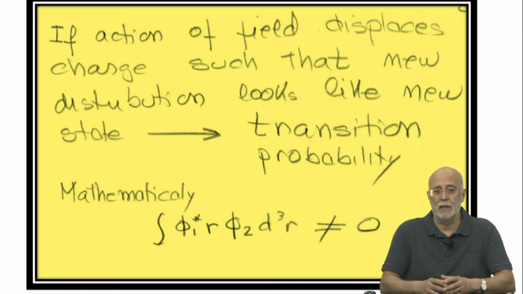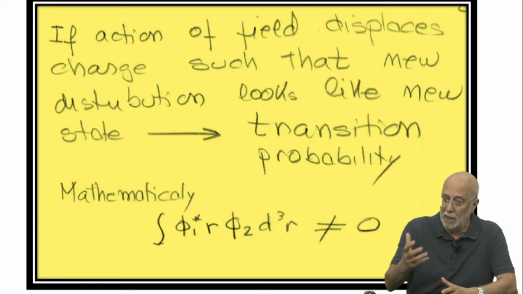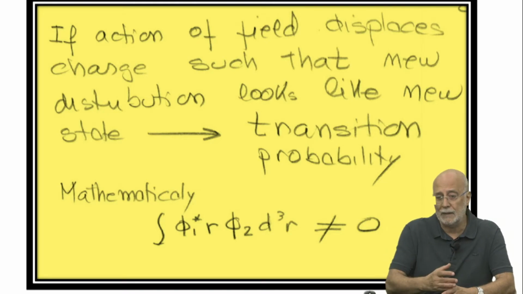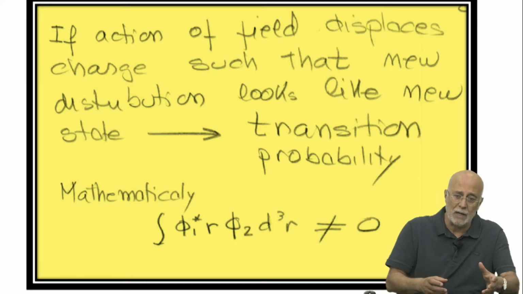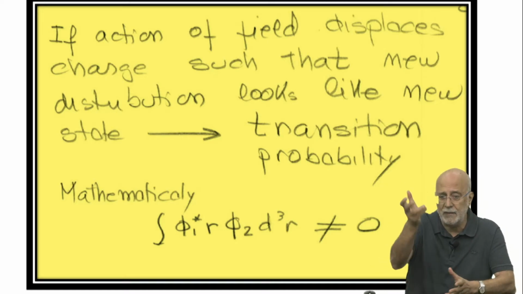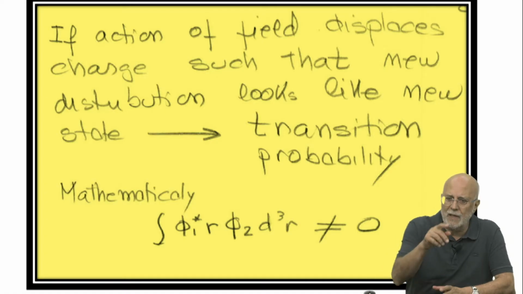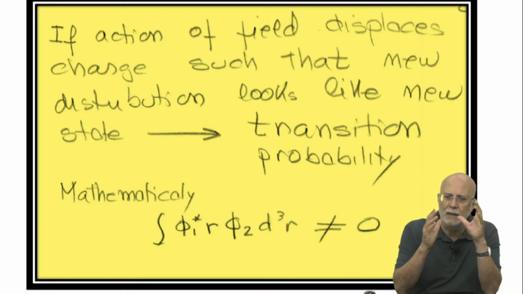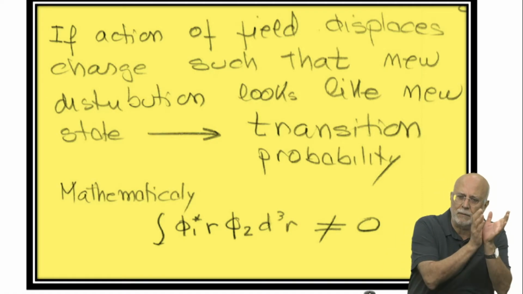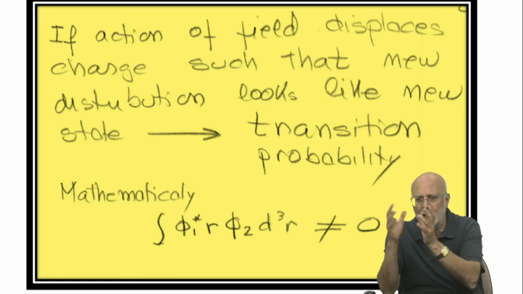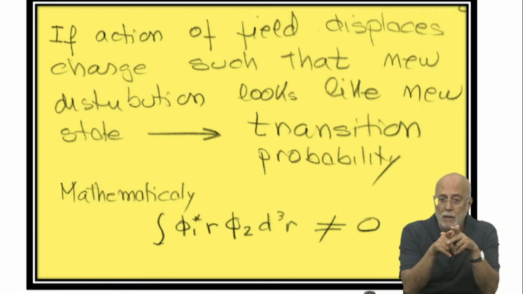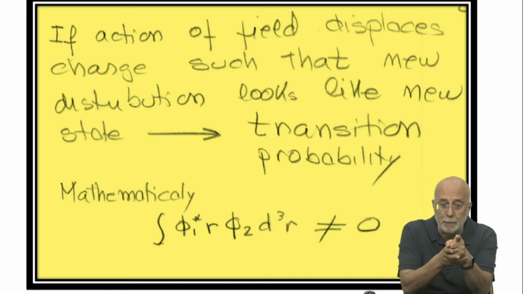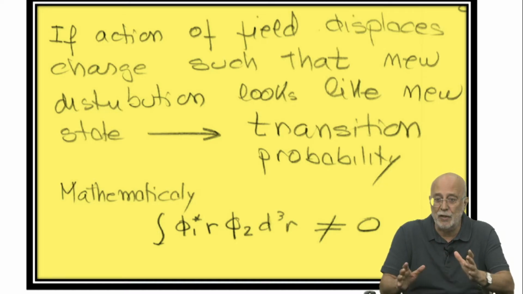Because what I'm doing here is a displacement of charge with the electrical field, because the electrical field times the charge makes a force and displaces. So whenever this integral of the spatial wave that represents one orbital and the wave that represents the other orbital, with a displacement in between, is different from 0, it means that I will be able to transfer energy to the system.